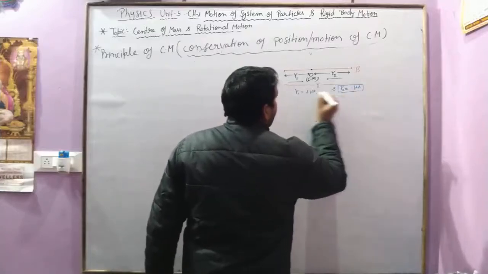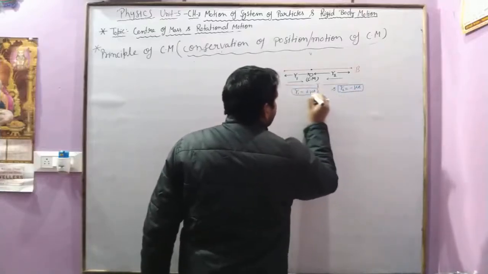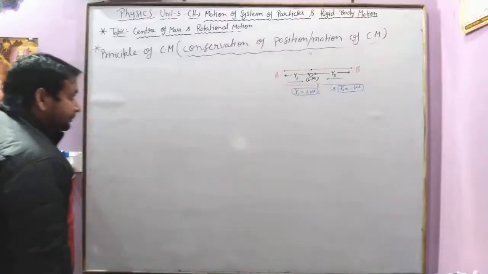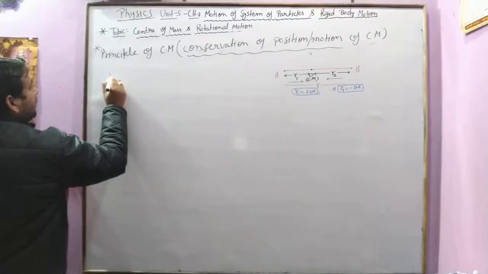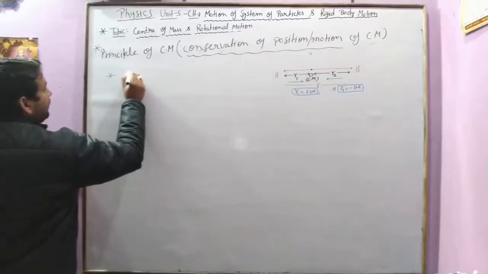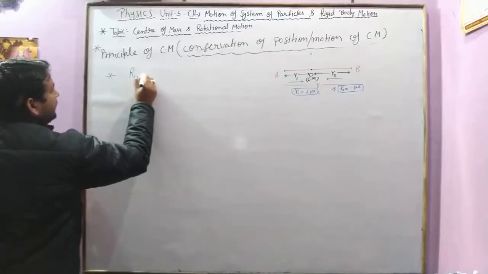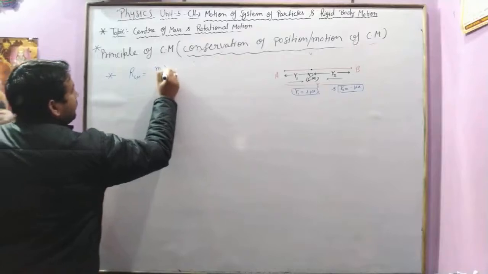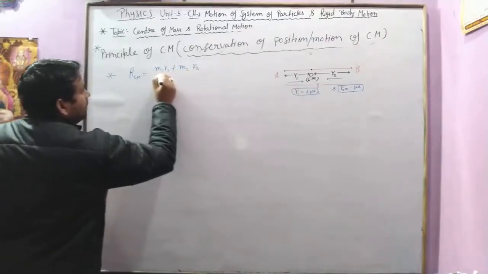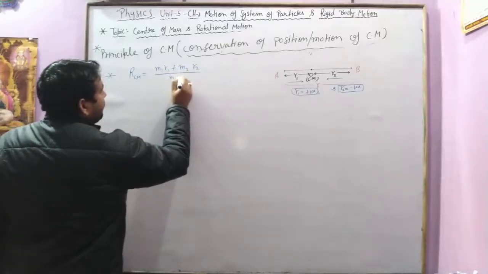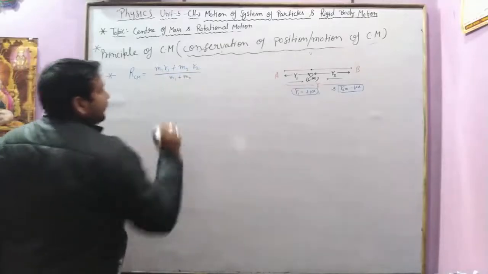This is an important point. Now we have the formula RCM equal to m1 r1 plus m2 r2 upon m1 plus m2.